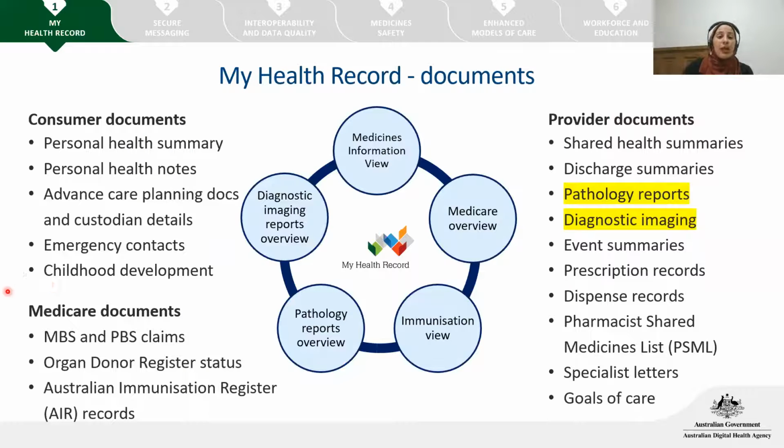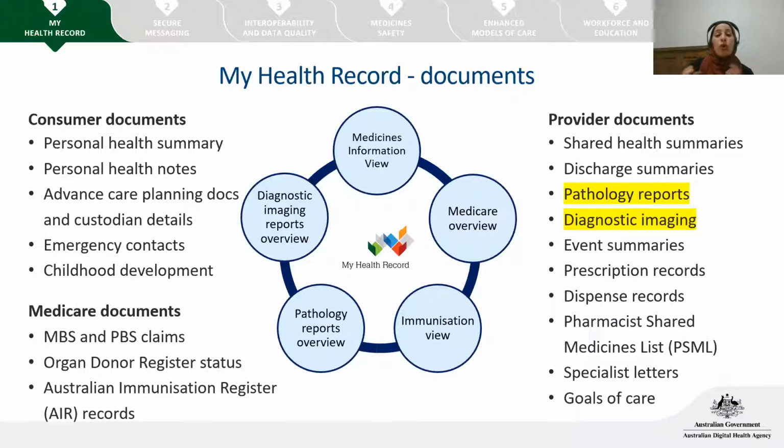So here we can see the range of documents that can be found within a person's My Health Record. The three main sources are the provider documents, where the bulk of information will be, then the consumer documents, which I mentioned they enter themselves, and then the Medicare documents. What we have in the middle here are dynamic views that are automatically generated by the system, so they're not uploaded by any healthcare provider.